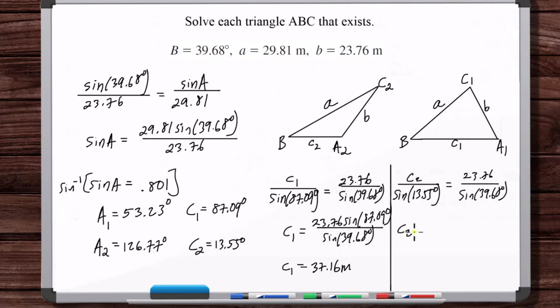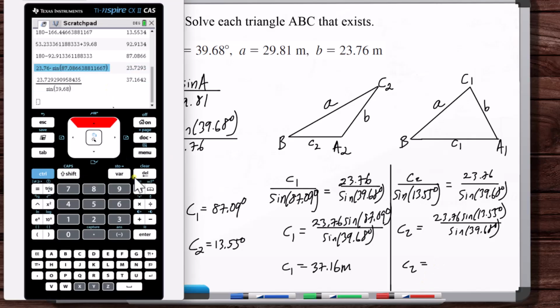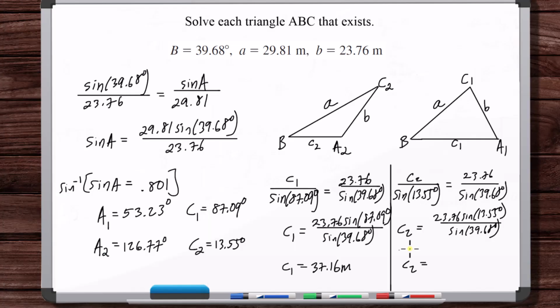So C2 is equal to 23.76 times sine of this angle divided by this, which is 8.72 meters. And there we go.